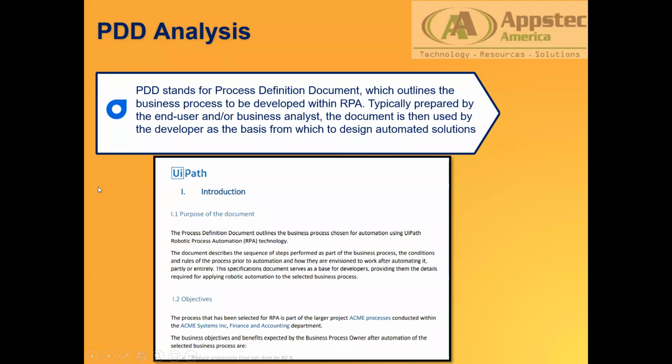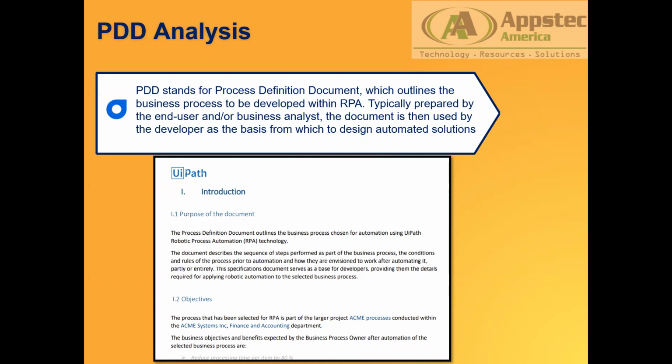All right. So with all this benefits analysis, now we will have a quick deep dive into the process definition document, PDD. Two things are very, very important for an RPA business analyst: the documentation creation, and understanding and arranging all the documents. So PDD, what we call the process definition document, outlines the business processes to be developed within the RPA project.